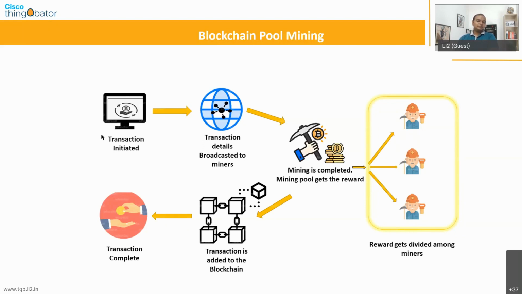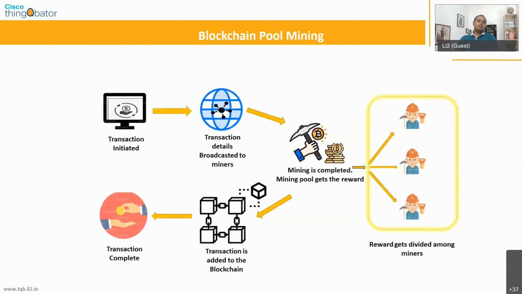The flow remains exactly the same. A transaction is initiated by an individual, and the transaction gets broadcasted within the network. The nodes, or the mining pools in this scenario, who receive these transaction requests start solving the mathematical problem to be able to create the next block in the blockchain.